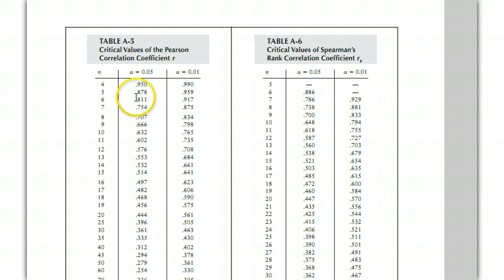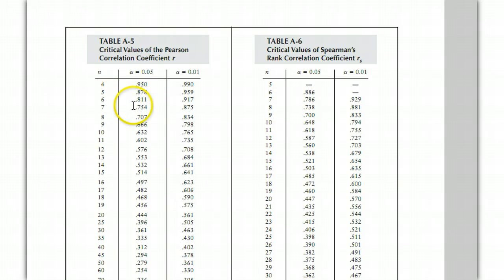R would have to be above 0.811 for us to consider that there's a linear correlation. Alright, if we were doing a 0.01 level of significance, then it would have to be above 0.917. Alright, so that's what these are like. They're just like the critical values when we were doing hypothesis tests. They're like the cutoffs. Anything beyond this, and we'll conclude that it is linearly related.